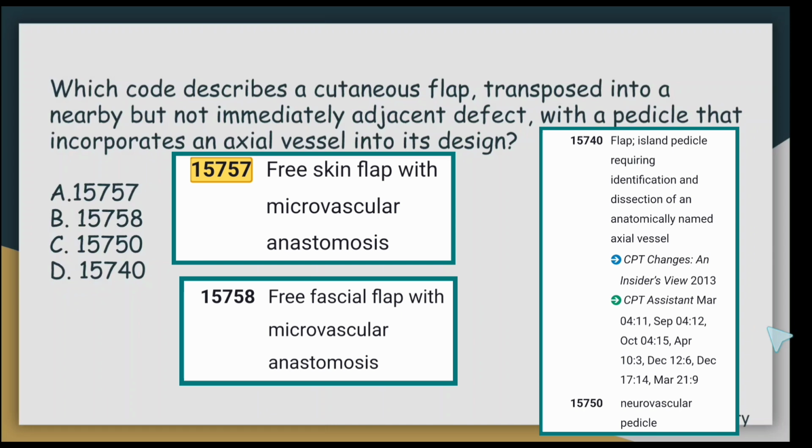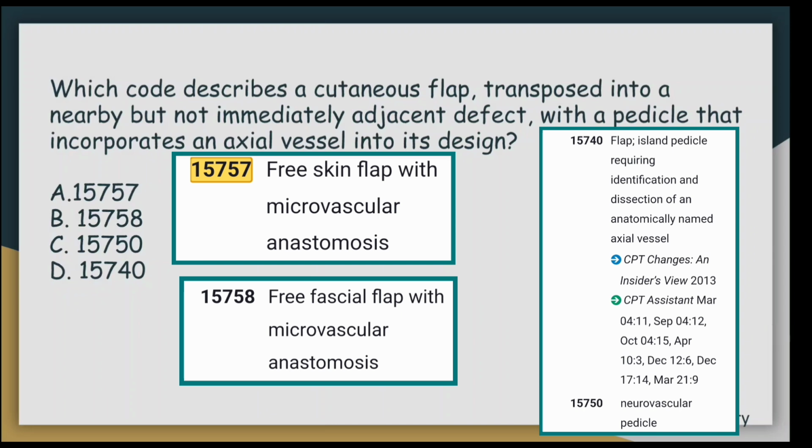So which among these four codes do you think is the right one? The right code is 15740 because that is for flap island pedicle requiring identification and dissection of an anatomically named axial vessel.